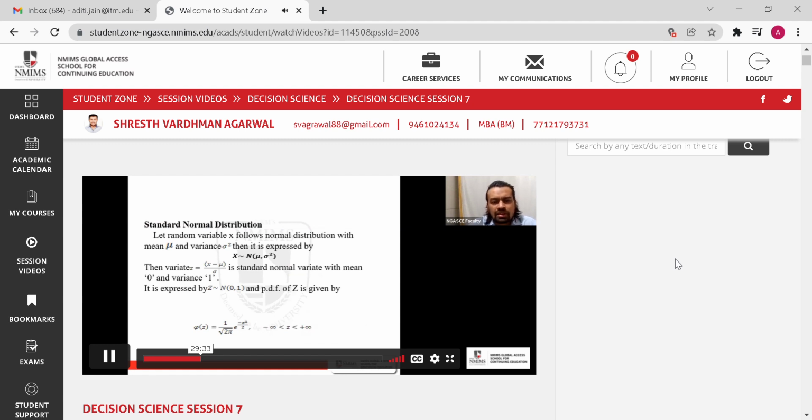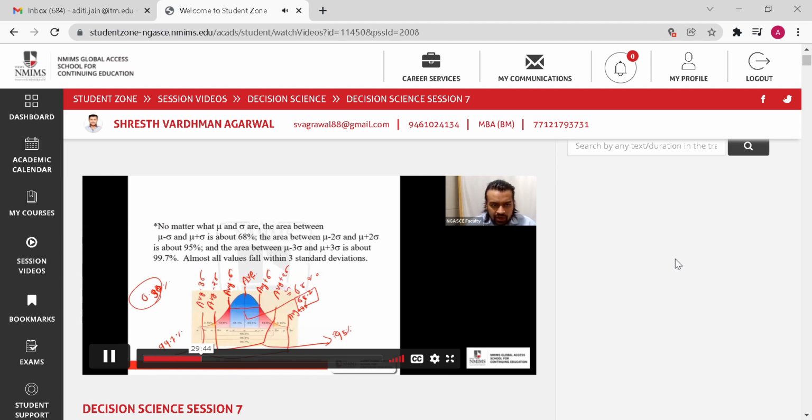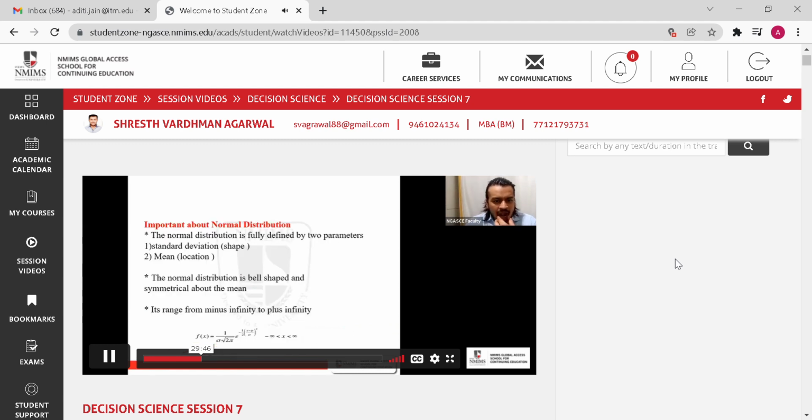Now this is the mathematical structure of the normal distribution. What is the range? The range is minus infinity to plus infinity. So what is the advantage of this normal distribution? It captures almost all numeric quantities.